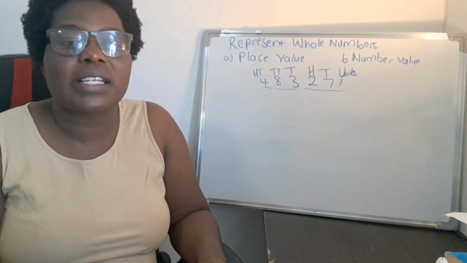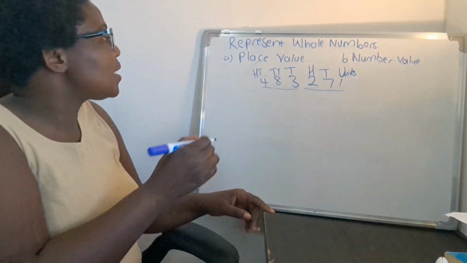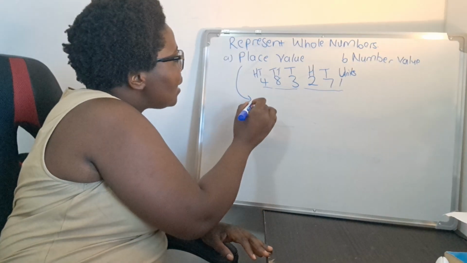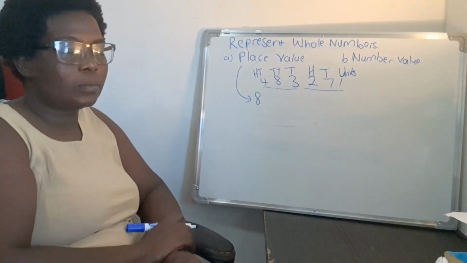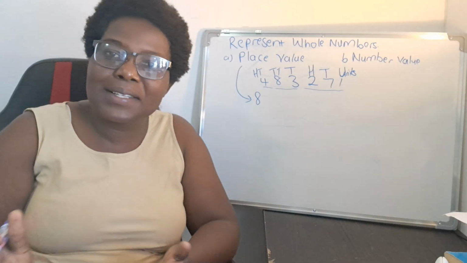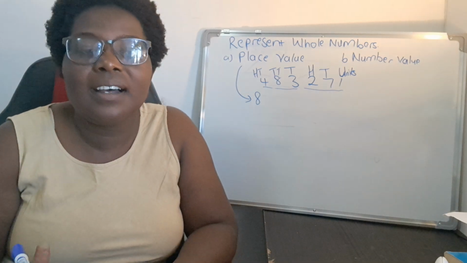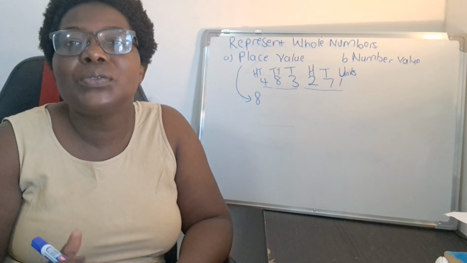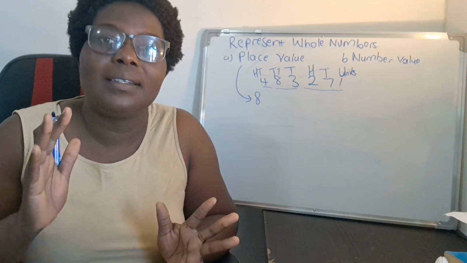Now if the question says give us a place value, let's just say probably the question is asking you for a place value of 8. Okay, so what is the place value of 8? We're not asking you for the number value.